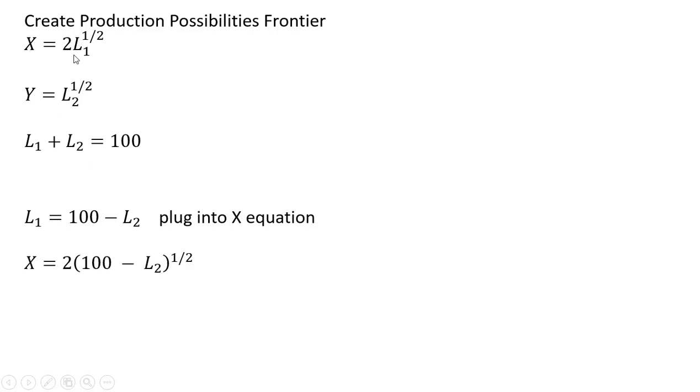So here's our X equation where I have L subscript 1, it's now 100 minus L subscript 2. Now we're going to square both sides. So x squared equals the following, and simplifying that a little bit, 4 times 100 and 4 times L subscript 2.